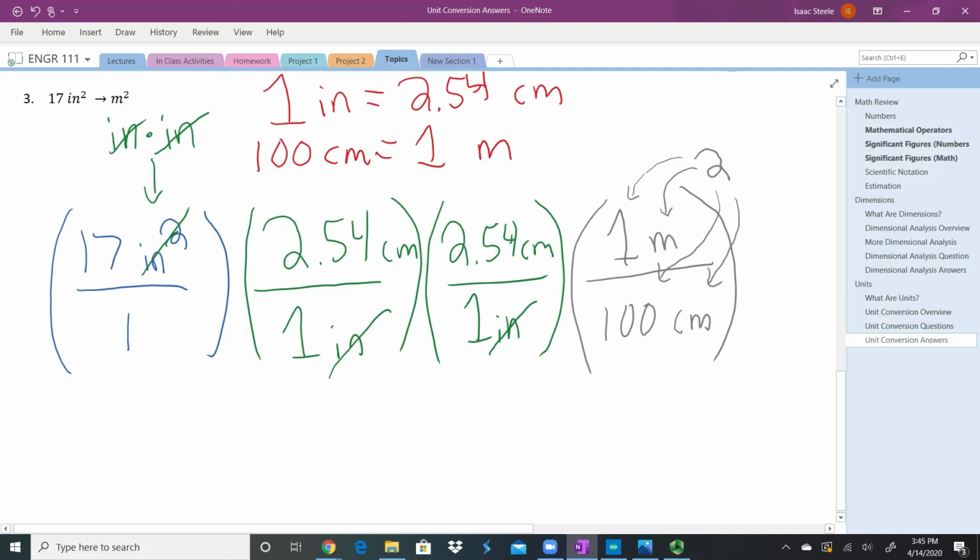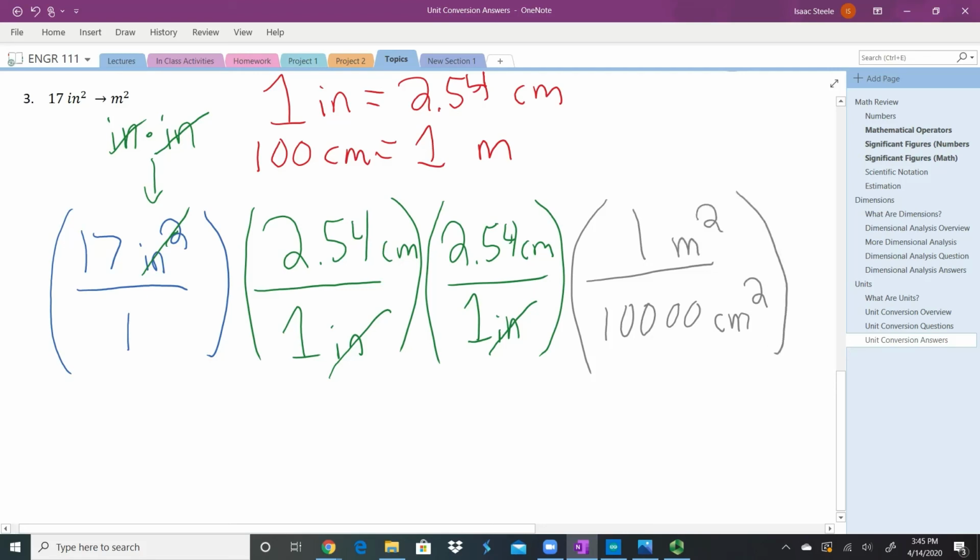And so really what this turns into, if I were to write it this way, is centimeters squared over 1 meter squared.